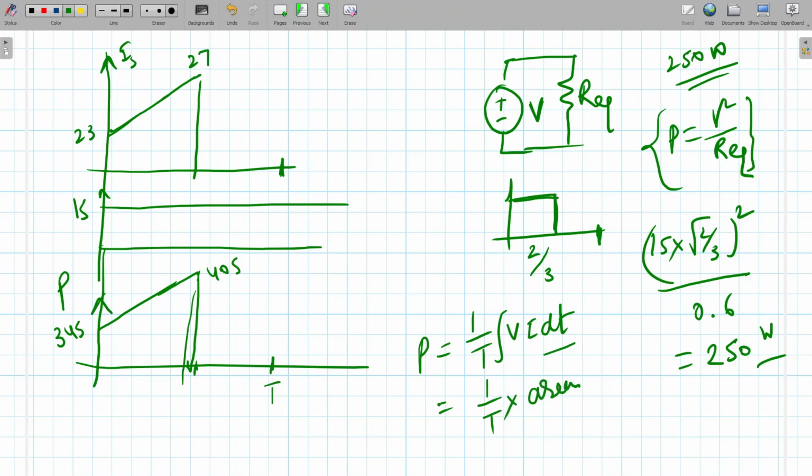Is it clear? So this is 4 microsecond. From here to here, it is 4 microsecond. And this, how much? From 405 minus 345, how much? This is 60. Okay, so time period, how much? Total 6. So 1 by 6 micro into the area of this rectangle, how much?